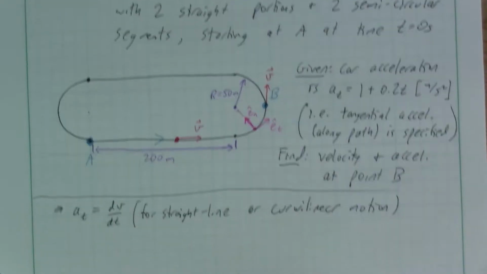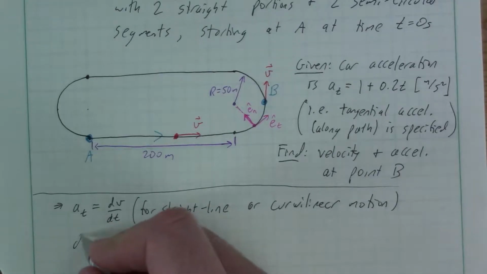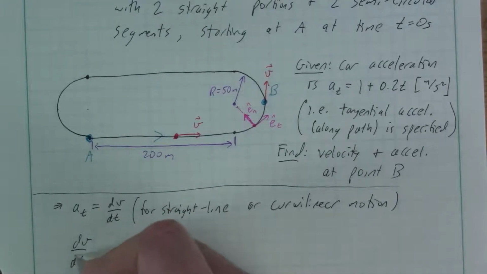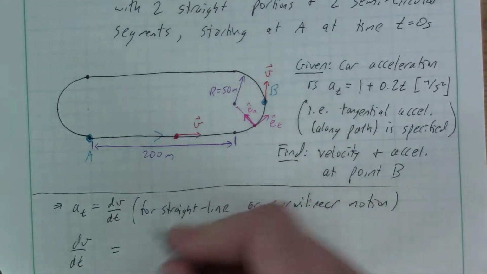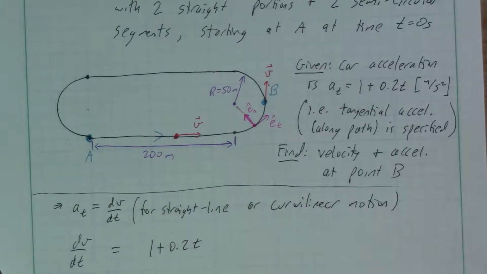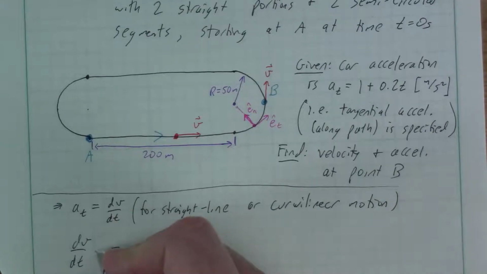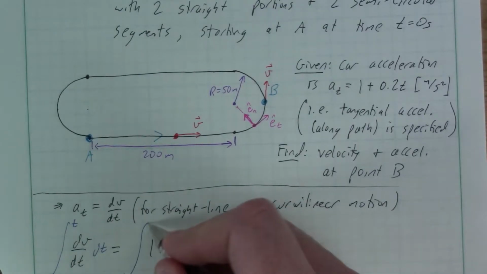There's no acceleration anywhere else. Okay, so then we do the trick here where we're just going to flip this around, dv/dt, and then plug in what a of t is, because that's specified, which is 1 plus 0.2t. And to this, we then integrate in time up to some arbitrary time.